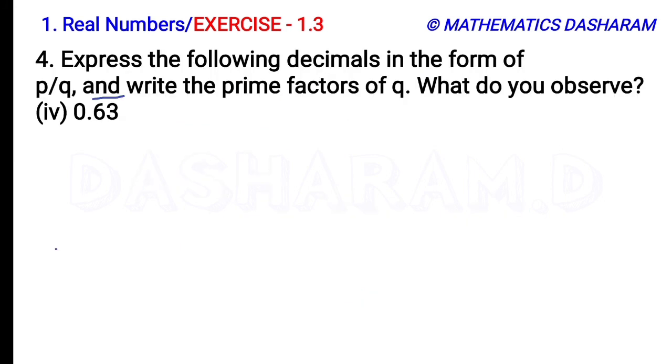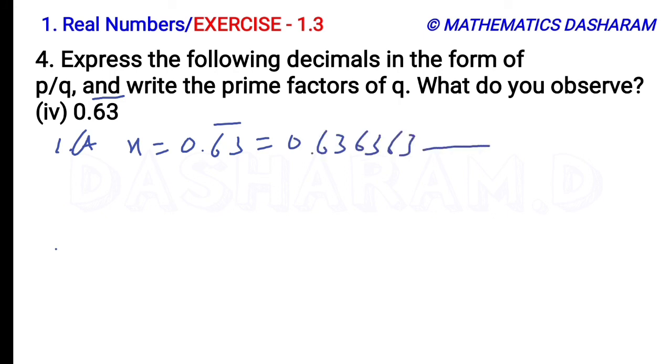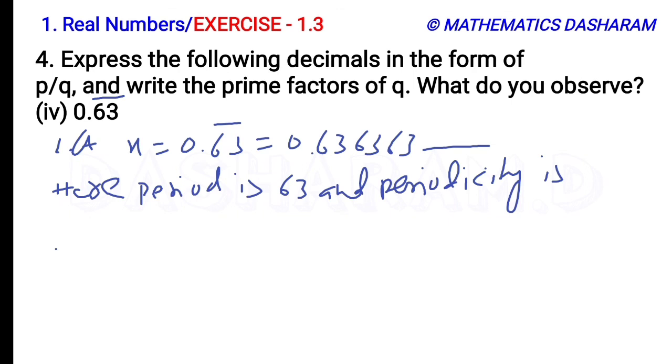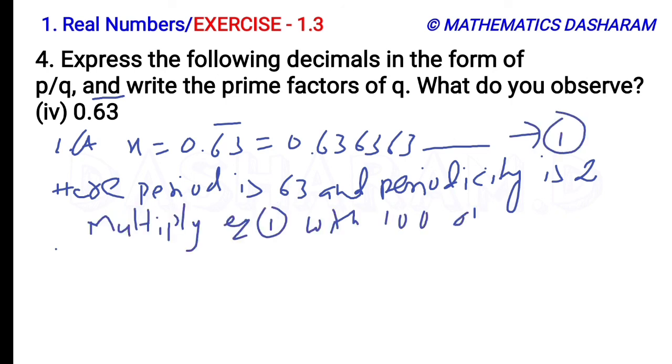Fourth question, 0.63 bar. So let x equal 0.63 bar, it is equal to 0.636363 dash. Period is 63 and periodicity is 2, so then multiply equation 1, this is the equation 1, by 100 on both sides.